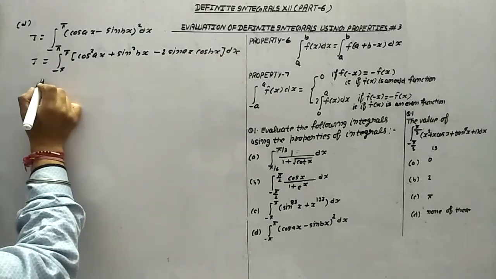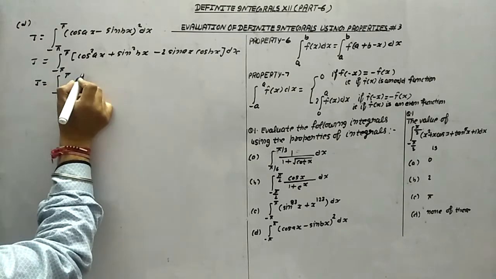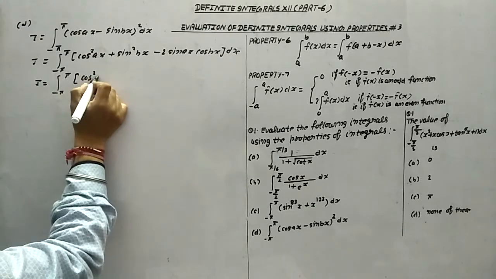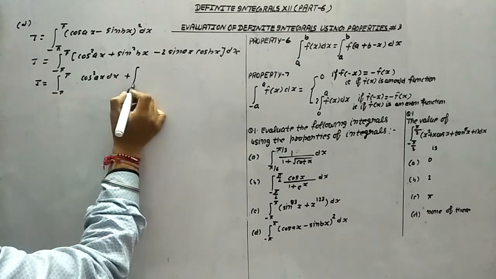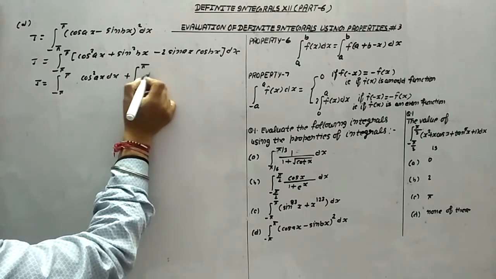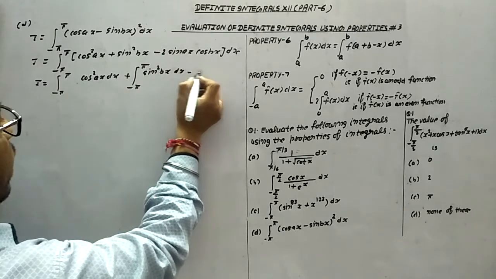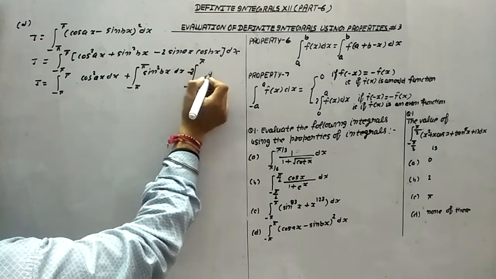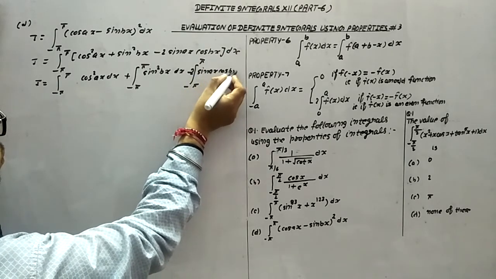It means I equals the integral from minus pi to pi of cos square ax dx, plus the integral from minus pi to pi of sin square bx dx, minus the integral from minus pi to pi of 2 times sin ax cos bx dx.